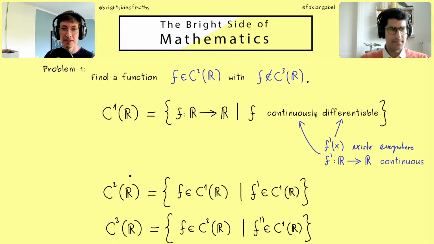So what we want is now a function that is in C2, so that has the property that f prime is in C1, but it's not in C3. So f double prime should not be in C1. So we could change two different things. Either this exists everywhere, but we don't have a continuous function. That was the idea Fabian told us about before. Or we can go the easy way and look at a function where the derivative does not exist everywhere.